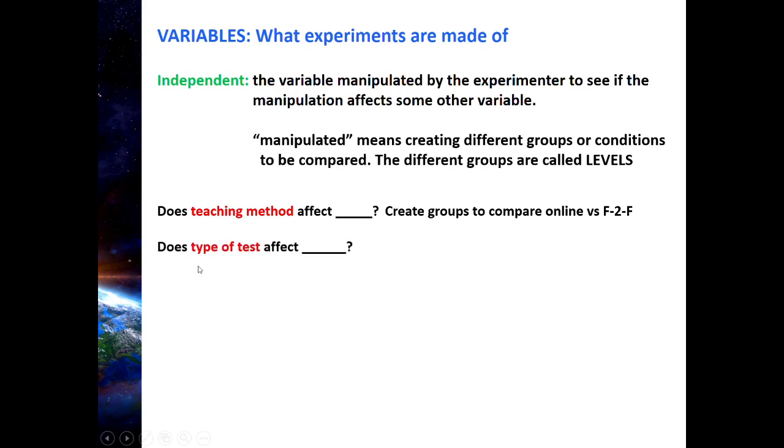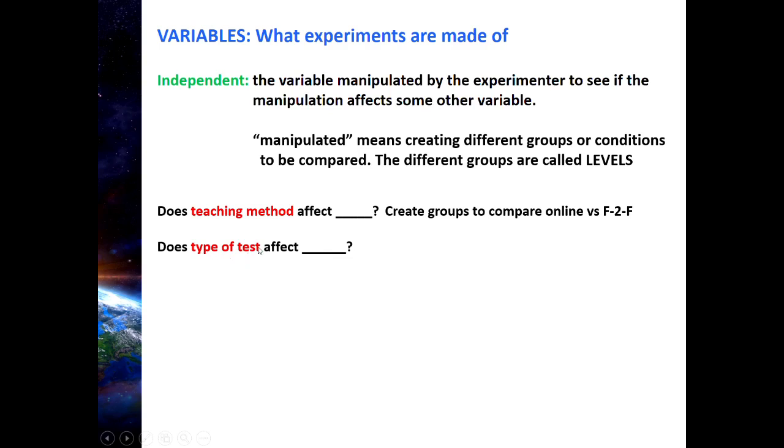Here's another one. Does type of test affect something else? All right, now this is the independent variable because I think that the type of test I give is going to have an impact on something. Now I'm not telling you what that something is, but right now I want you to focus on the independent variable.